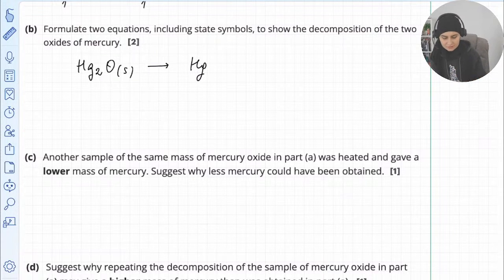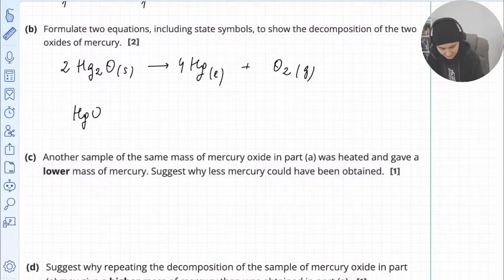But it is liquid, so that's a weird metal that exists as liquid at room temperature. And O2, oxygen is gas, obviously, so you put a 2 here and 4 here. And another one with HgO, you go into Hg liquid and O2 gas, so I put a 2 and a 2.